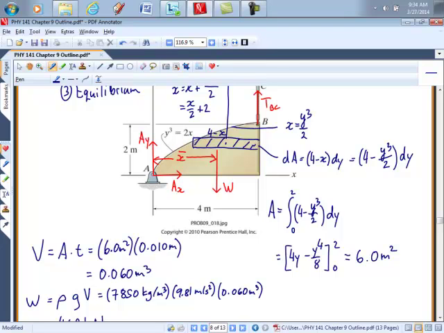So the plate goes from there to 4. So the length of it is 4 minus y cubed over 2. Right? So we're not doing the x parabolic area over here. We're doing this area on the right side.